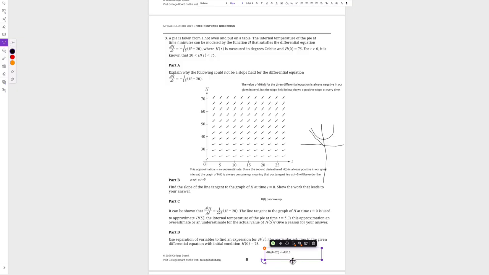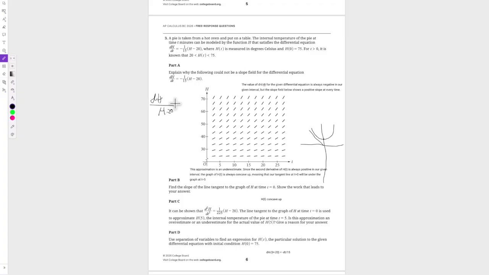Now we integrate both sides. So we can write it out here. We have dh over h minus 20 equals negative dt over 15. Now integrate both sides, and this is just going to be the natural log of h minus 20, and then this is going to be simply negative t over 15.